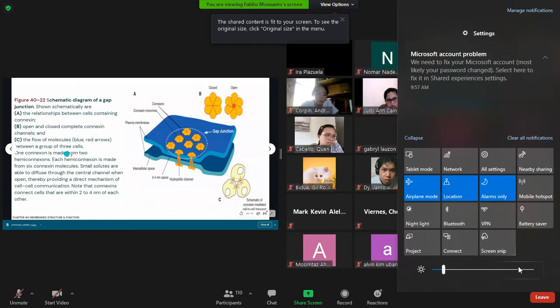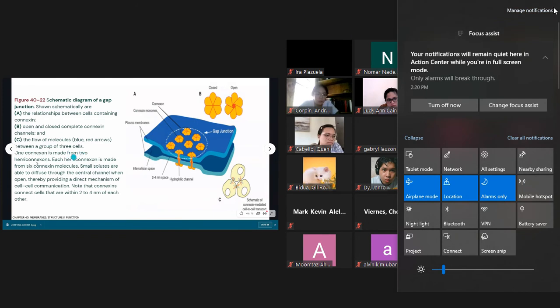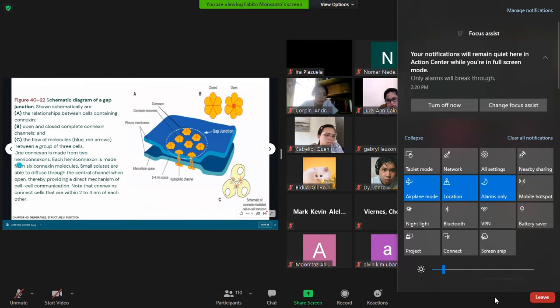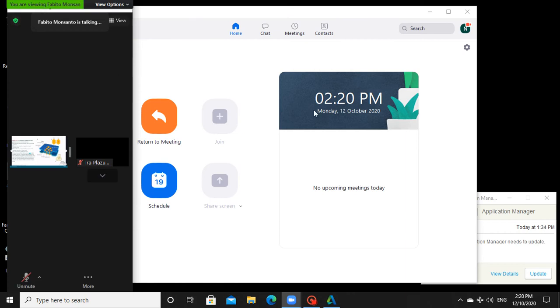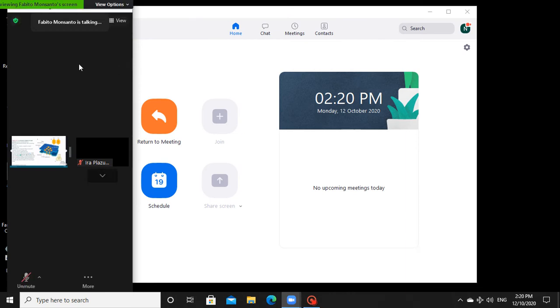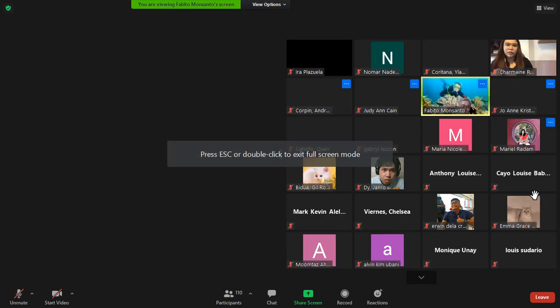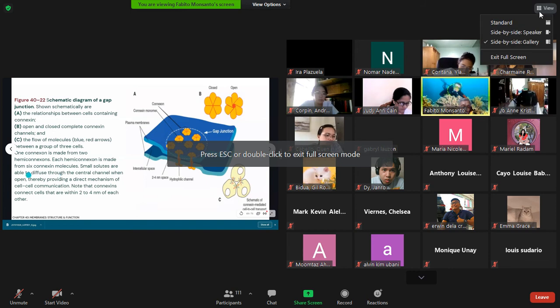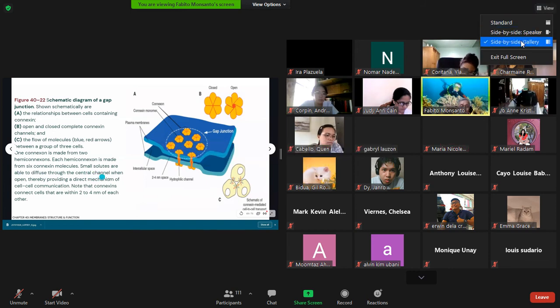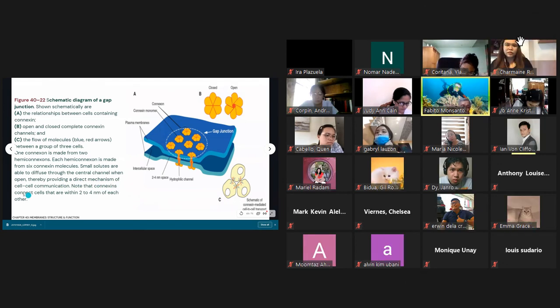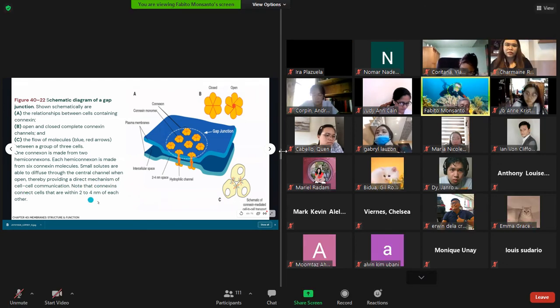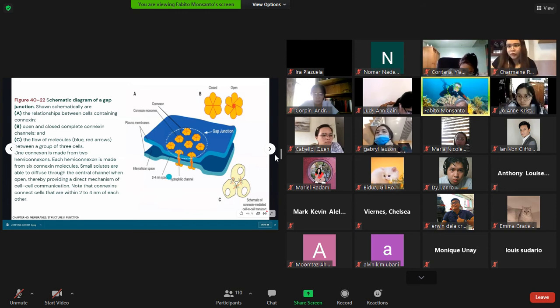One connexon is made from two hemiconnexons. Each hemiconnexon is made from 6 connexin molecules. Small solutes are able to diffuse through the central channel when open, thereby providing a direct mechanism of cell-to-cell communication. So they can communicate here.